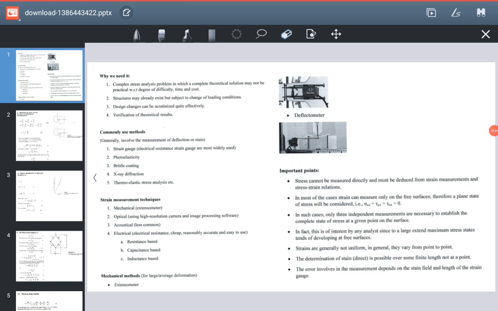Alright class, so today we are going to start a new chapter which is related to finding out the strains through experimental means. Now the reason this chapter is necessary is because anything you do on a computer, anything you do when it comes to mathematics, has to be verified through experimental results.